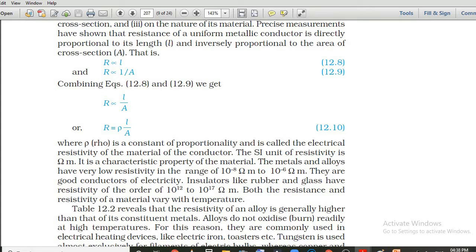We are not changing the material and the temperature of that material keep constant. Then we can write the other two factors are length and area of cross section. And by rearranging we can write rho is equal to R into A by L. Rho is equal to R into A divided by L.